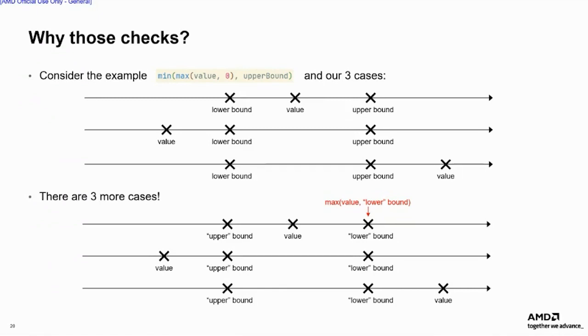Then taking the minimum of that result and our so-called upper bound variable, which is negative, will end up at the negative number. That is not the same result as we would get if we took the median. So we don't have constants, and now there are suddenly cases where we can't just take the median.